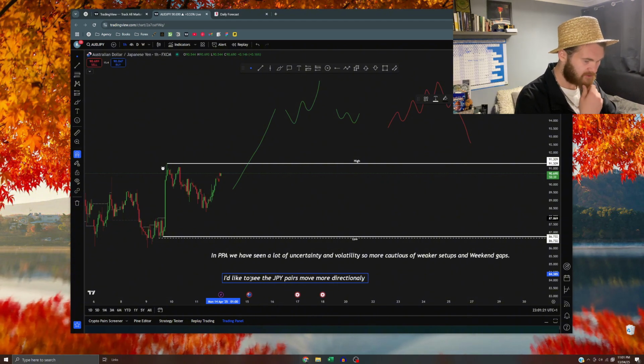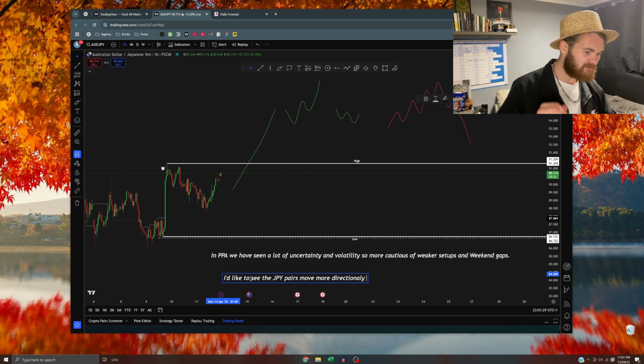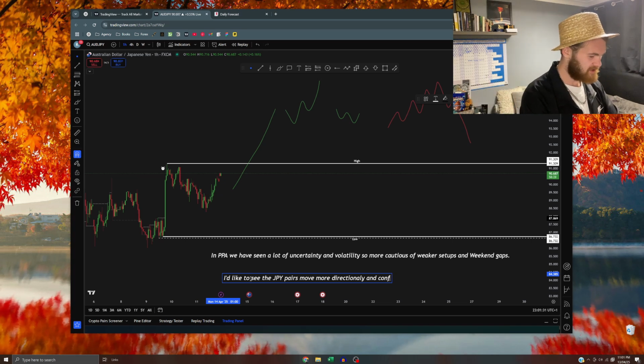Don't know if that's how you spell directionally. Maybe two L's. Not too bothered. I'd like to see the JPY pairs move more directionally and confidently. Need to see very vivid momentum to get involved.